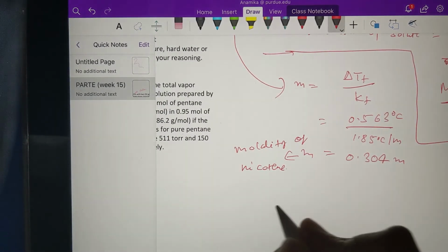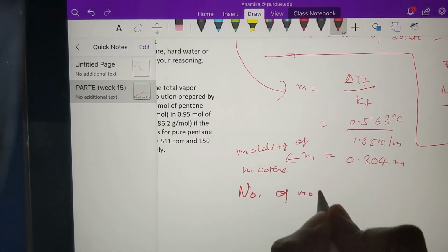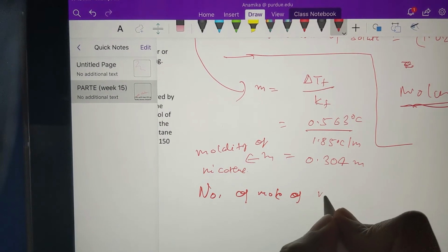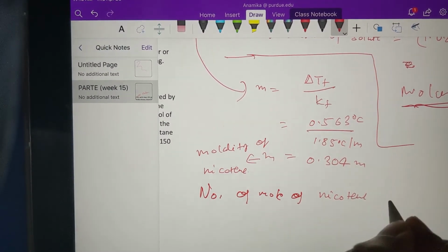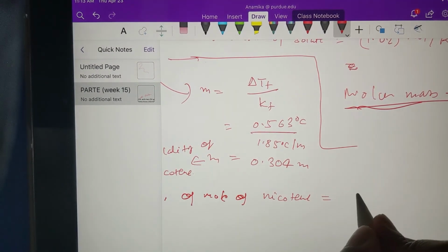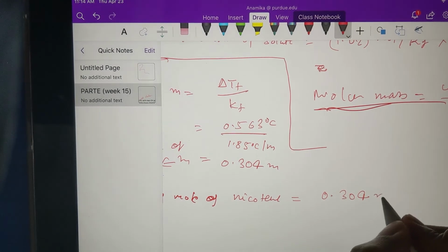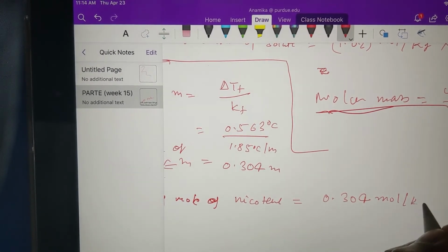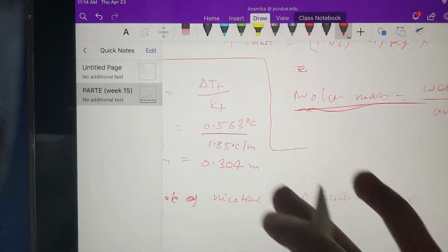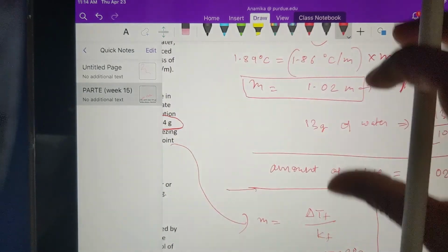Okay, so to that, calculate the number of mole of nicotine. You're gonna multiply the molality, which is 0.304, into the weight of the solvent, which is in kg. You have to take 73.4 gram.